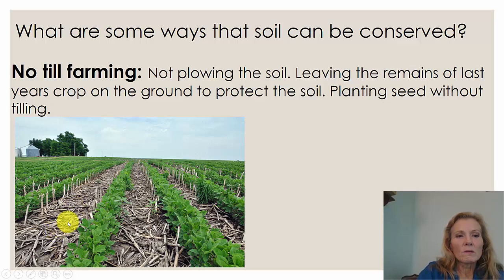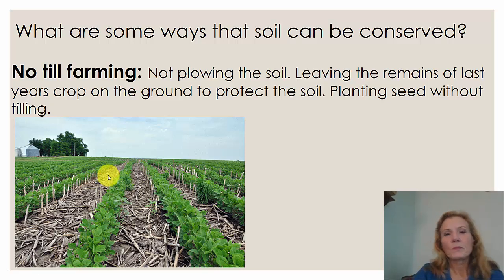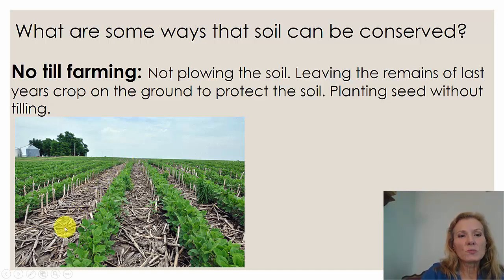The rain couldn't wash away the soil because it was protected by all of these old stalks. And if you notice, they're planting beans here this year, so they've actually done crop rotation as well. So they had corn last year, and they have beans this year. So no-till farming just means not plowing up the ground and exposing the topsoil to the water and the wind, and leaving last year's crop remains lying there to protect the soil.